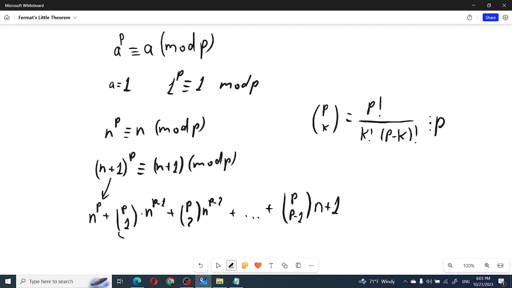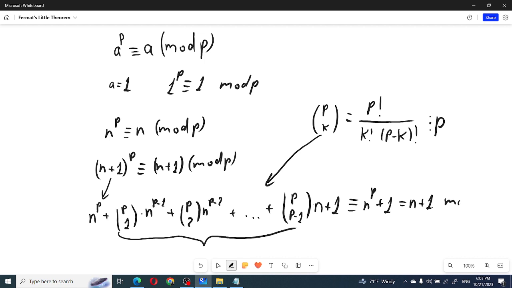All these terms are divisible by p because of this lemma, so this must be equal to n to the p plus 1 mod p. But we know that n to the p is already equal to n, so this equals n plus 1 mod p.